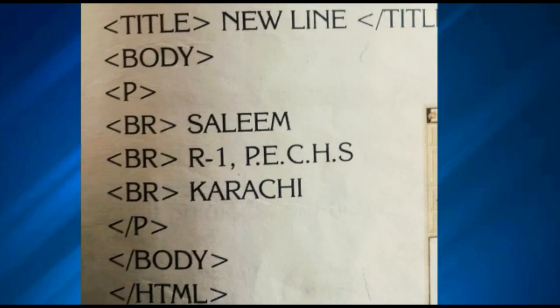You can see in this picture that we scripted the code BR Salim, BR tag the other thing, BR tag the other thing. This is how we can break the line, we can change the line while we are scripting for the line wise things.